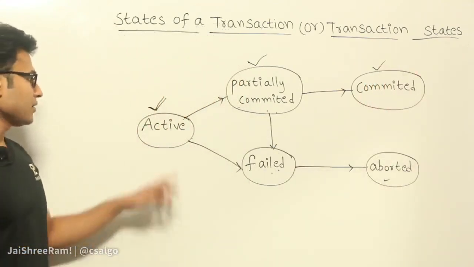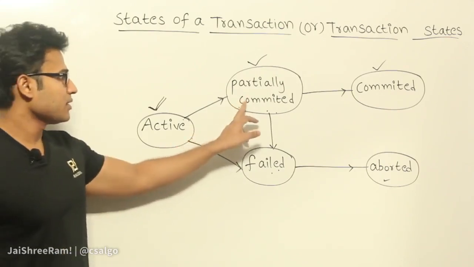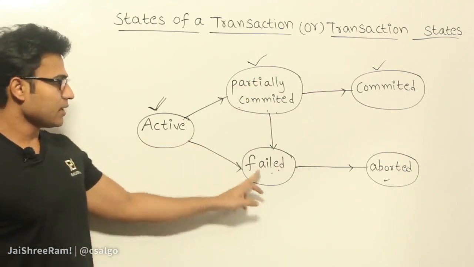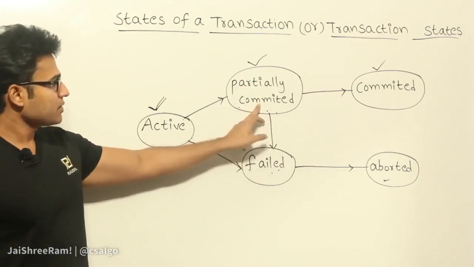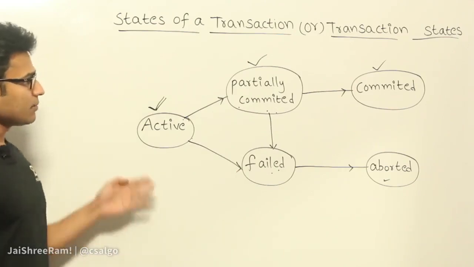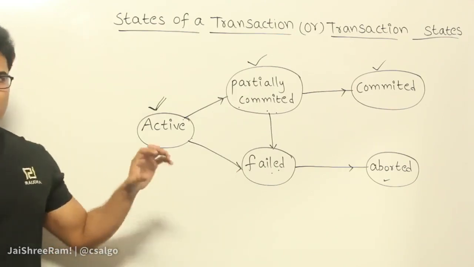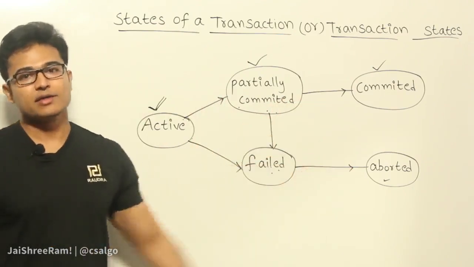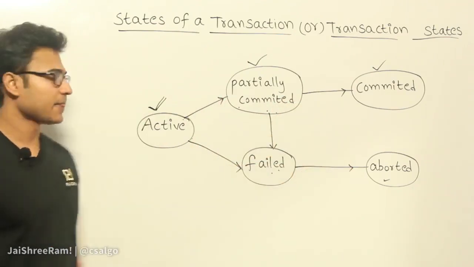Got it? So from active to partially committed, and from partially committed to committed, or from active it might directly go to failed, or sometimes from partially committed to failed and then finally aborted. Got it? Whenever we commit a transaction, it means that whatever changes are made by the transaction are permanently written onto the hard disk, and the changes are going to be there forever. Okay, fine.